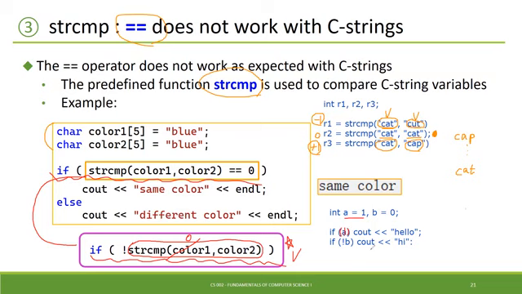A is 1, then this will be 1. In programming, 0 means false, and all the other numbers are true. So 1 is true. Actually, -1 is true. 100 is true. -1000 is true.